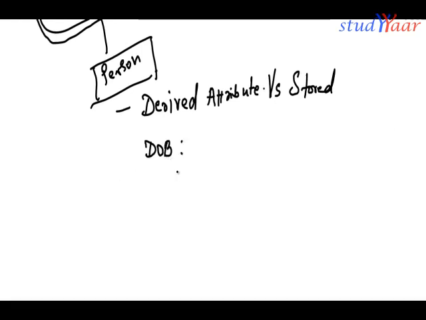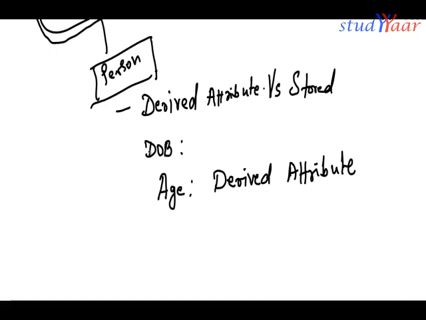From this attribute we can at any time find out the age of the person, right? So if we subtract the date of birth from the current date, we would get the age. There is a set mathematical formula to do that, right? So in such cases we say age is a derived attribute, and date of birth is a stored attribute.